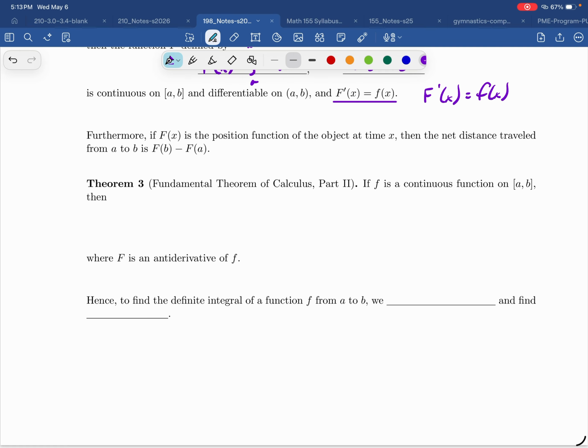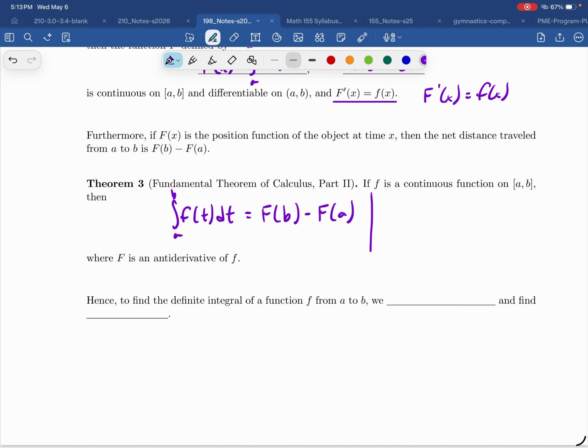And this is the really important one. This says that the integral from a to b of f of t dt equals the antiderivative of f with b plugged in minus the antiderivative with a plugged in.